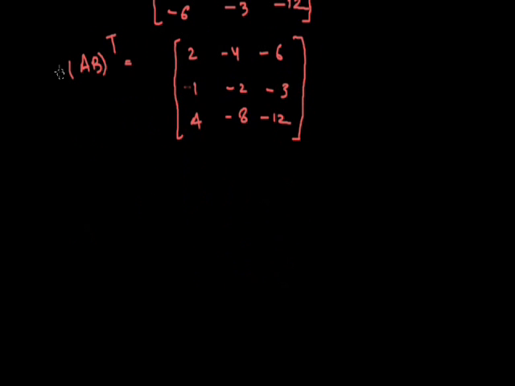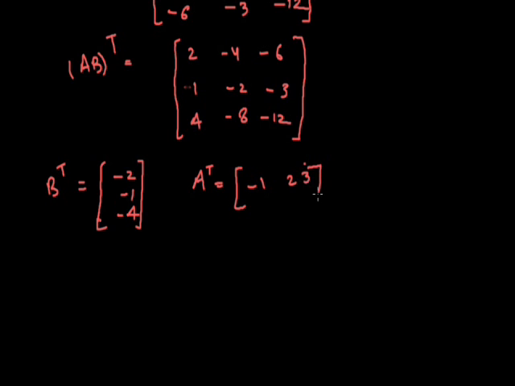Now first we find B transpose and then multiply with A transpose. B transpose is -2, -1, -4 as a column, and A transpose is -1, 2, 3 as a row.